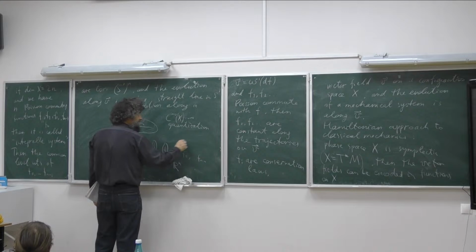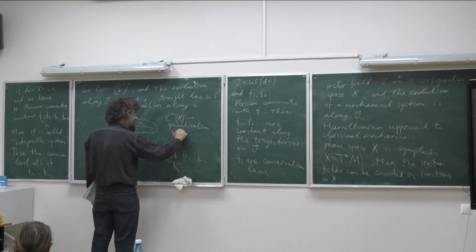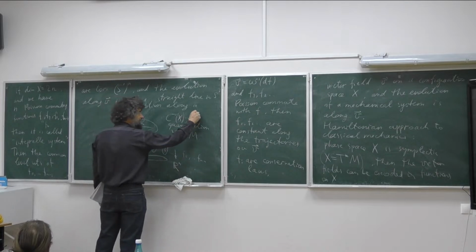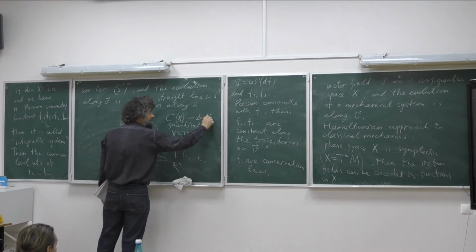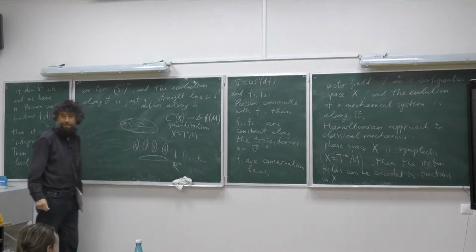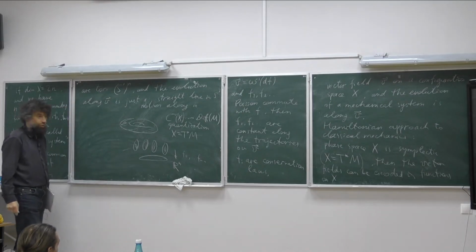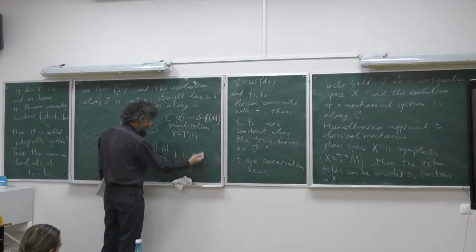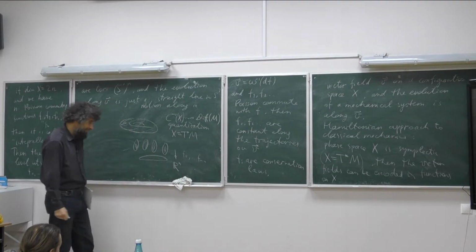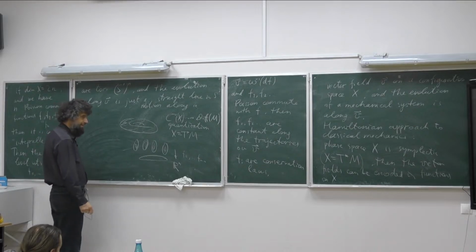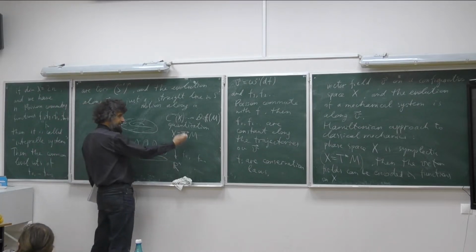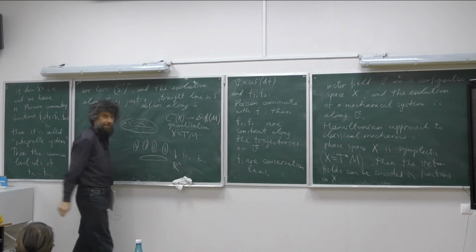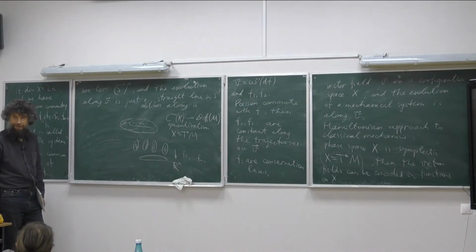In case, for example, when X is the cotangent bundle over something else, then this quantization is just differential operators on M. And to quantize an integrable system is to take this maximal commutative subalgebra in this Poisson algebra and lift it to a maximal commutative subalgebra in this actual associative algebra.